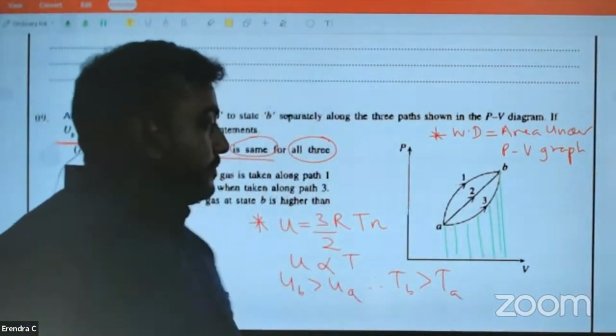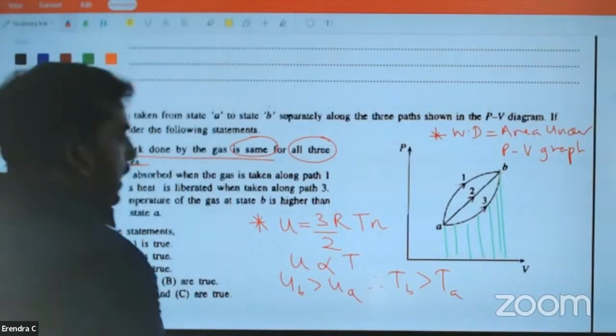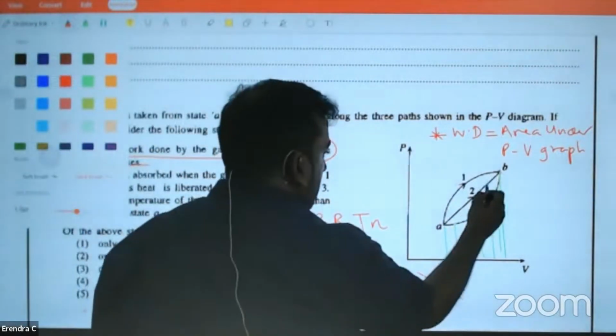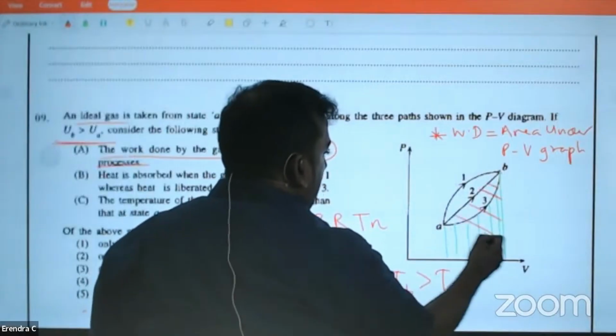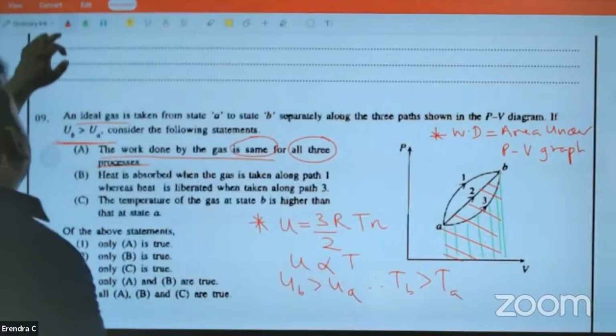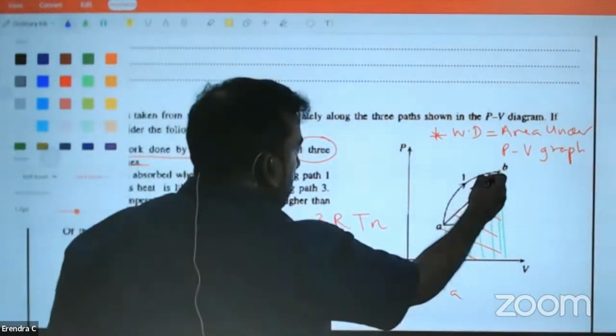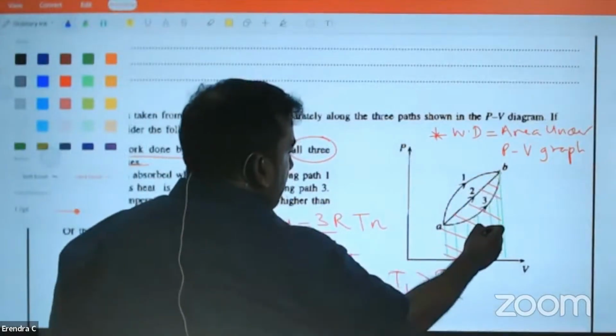That's the area. Graph number 2, red color. This is the area. Graph number 1. This is the area.